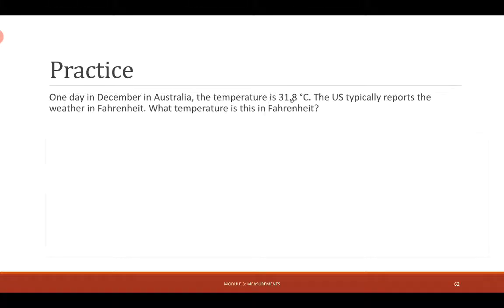Before we get started calculating, let's make a prediction that's somewhat accurate. Australia is in the southern hemisphere. That's important because in the southern hemisphere in December, it is summer. So I hope that this temperature is warm. So let's go ahead and do our math.